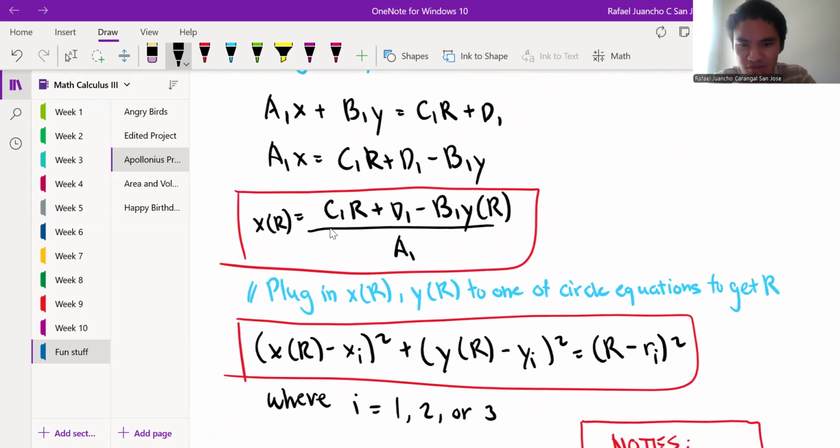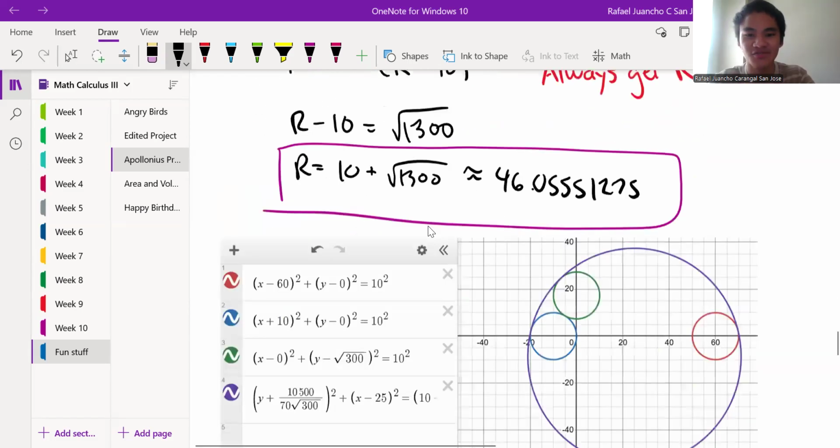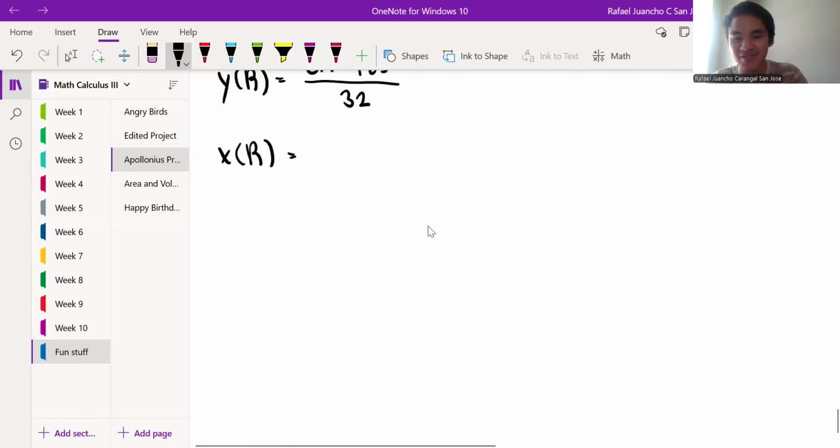So now my problem here is that my x of r has to include my y of r. And so my only hope is to get b1 to 0 or something like that, right? I'm taking a screenshot from behind just to get a reference of what I'm actually looking at. Okay, so we have C1R. Oh, that's also another thing. Plus D1. And then this was B1.